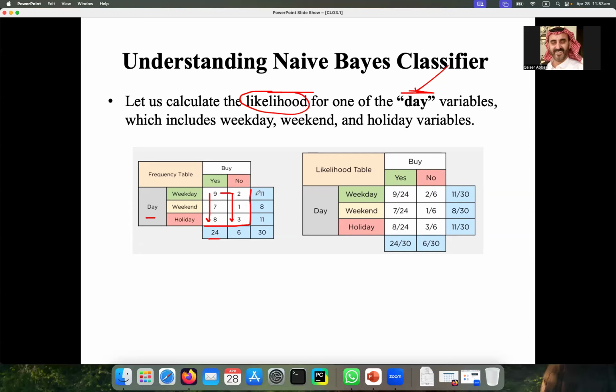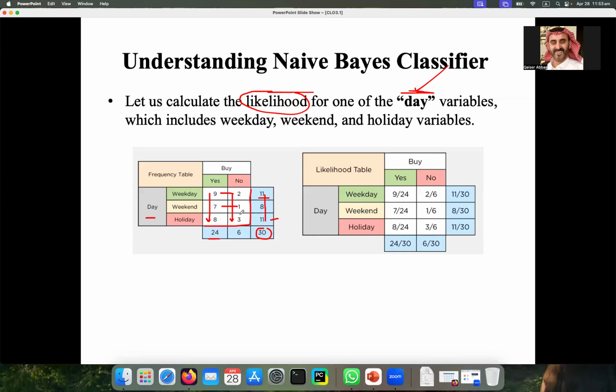And sum them, you will have 11. Sum them, 8. Total is 24 and 6, 30, and if you add them, you will have that 30. That 30 is your total rows. And all these entries, when you sum them up, become 30.